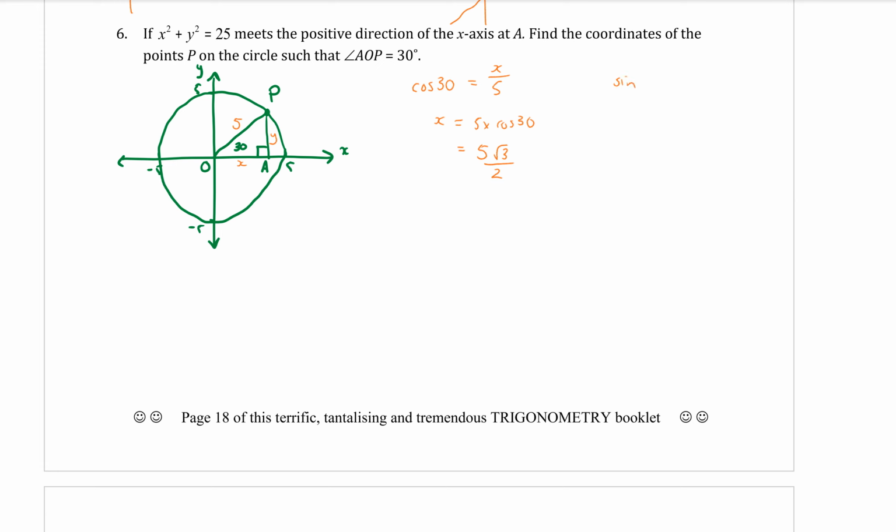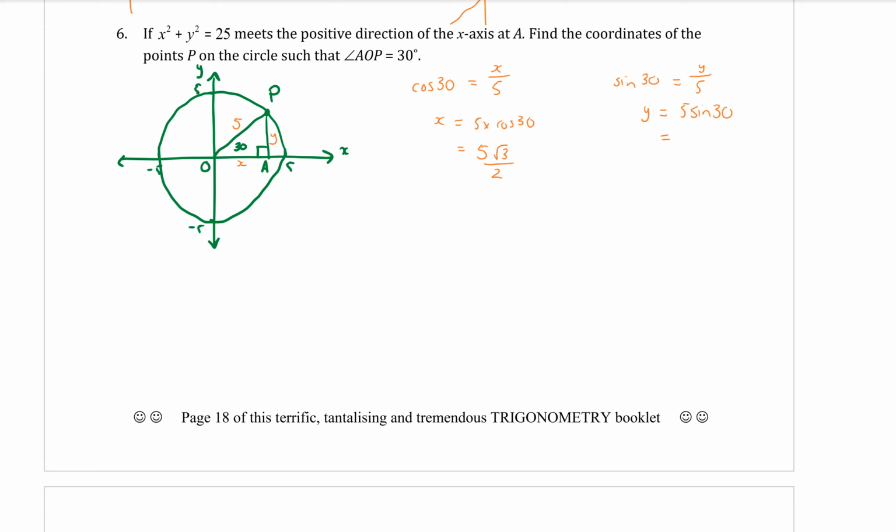Sine 30 degrees is going to be equal to y over 5. Times the 5 across, and I get y equals 5 sine 30. Sine of 30 is equal to, look at the triangle, 1 over 2, a half.